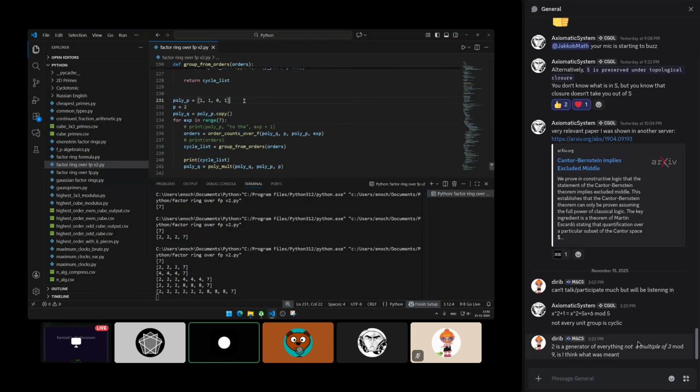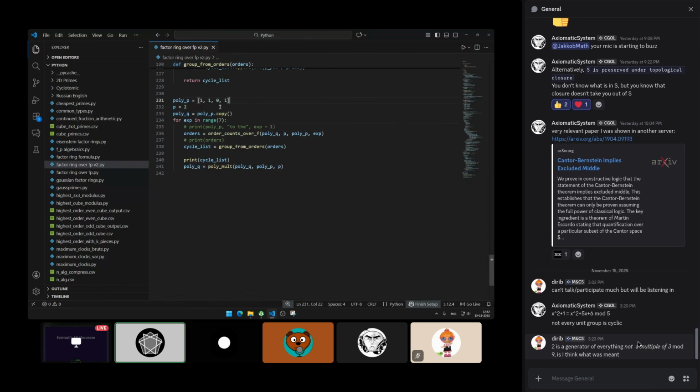Is that a correct recap? Okay. So then we look at all of the polynomials, find their orders, and because this is commutative, we can just count the orders of all of the polynomials, and if you have a count of the orders of a commutative group, then you can just immediately figure out what group it is. Okay. Yep.